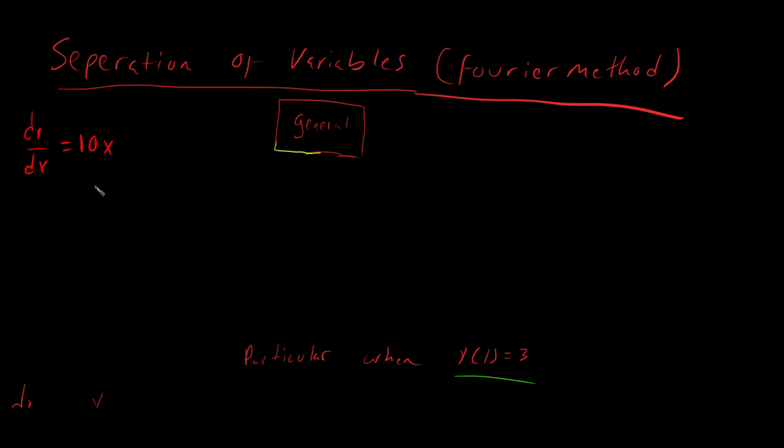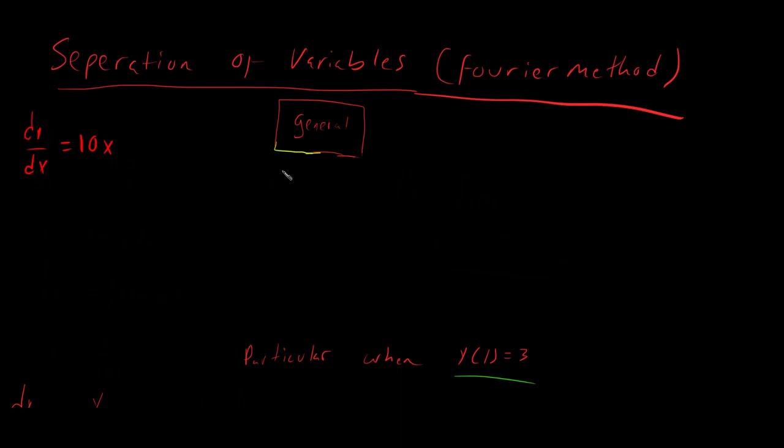It's basically just algebra, then integration, and then you're done. And whether or not you need to find a particular solution, then it's plugging in a point and finding your c value. That's all it is. So let's get started.